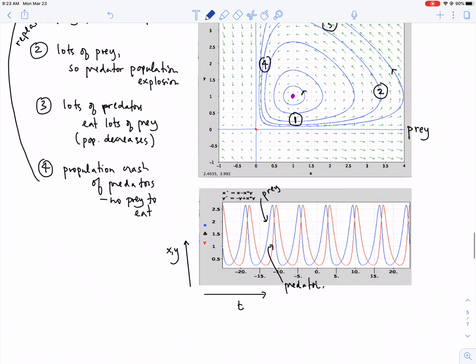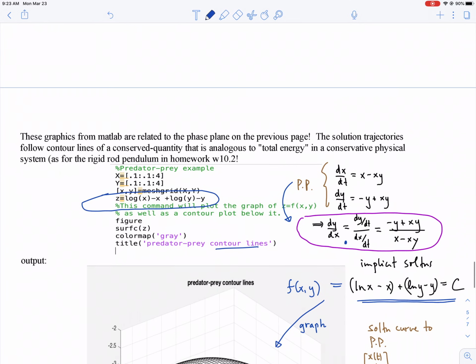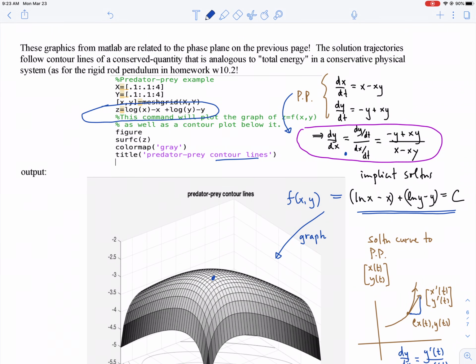So that is how, in borderline cases, you can sometimes figure out whether a critical point is stable or not. And in your week 10.2 homework problem, from section 6.4, we'll talk about the rigid rod pendulum, which has equilibrium points when the mass is at the top.